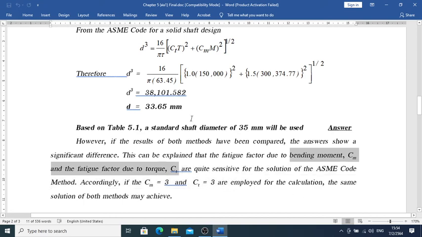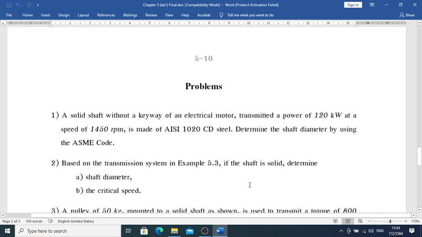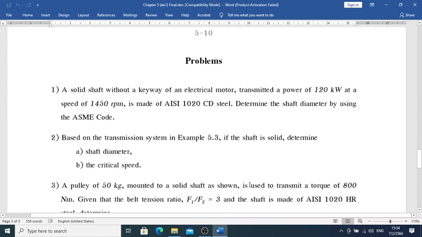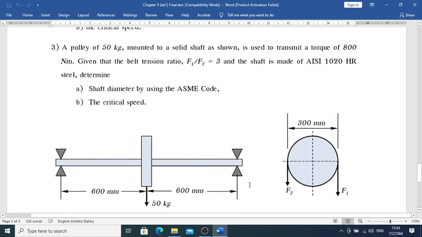So if you change the values of CM and CT to 3 and put them into the calculation, you may achieve the same answer. You may try it out on your own. These are the things that you might use in both of them.